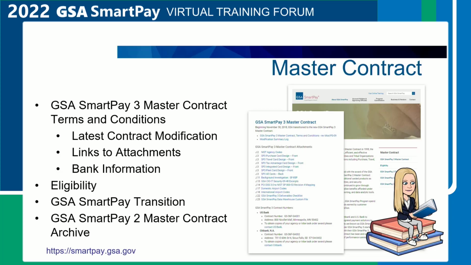The GSA SmartPay Contracting Officer determines eligibility for the program. Currently, state and local governments are not authorized to use the program. Agency task orders are not housed on our website. To obtain a copy of your agency's task order, you must contact your bank directly.